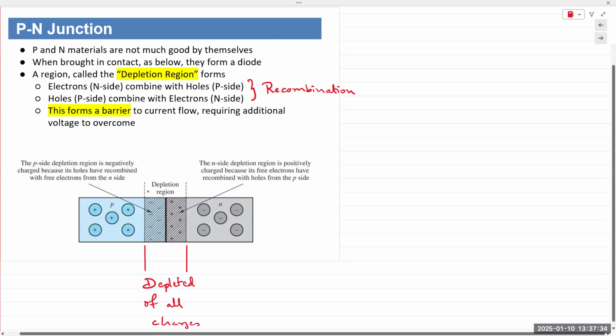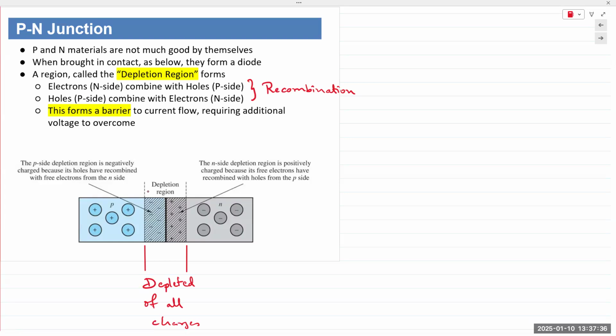Okay, it's completely depleted. The only thing left over in the depletion region is holes on the N side and electrons on the P side, because they are now the minority carriers that are left over.